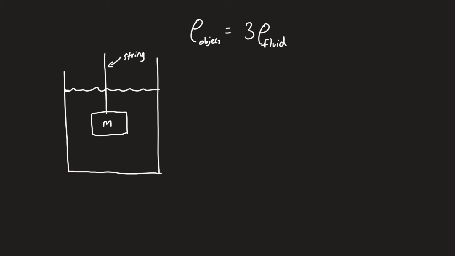All right, so let's start with this example, and we have an object of mass m. It's submerged fully under some water. It's held with a string as well, and I'm not showing where the string goes, but just assume everything's at rest. And then I've set up here that the object is 3 times as dense as the fluid. The density of the object is 3 times the density of the fluid.